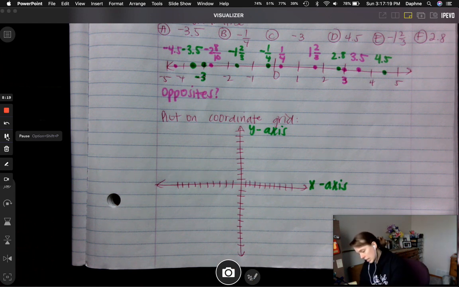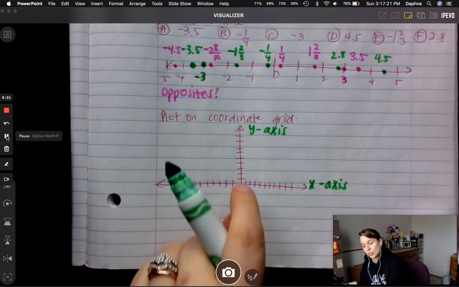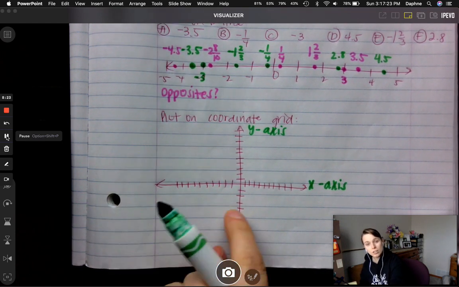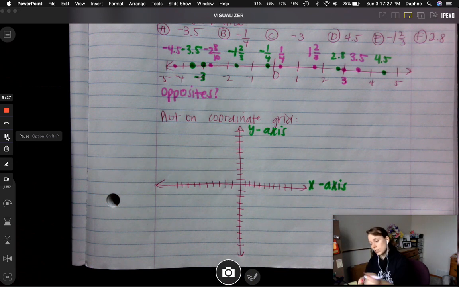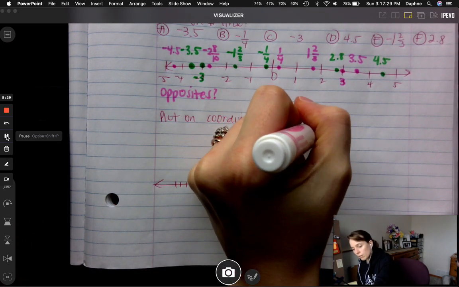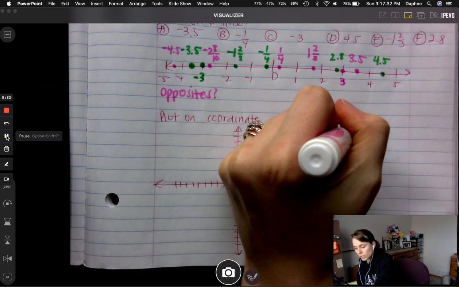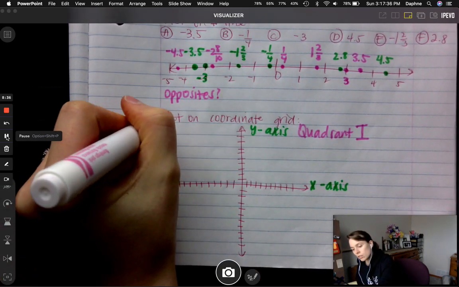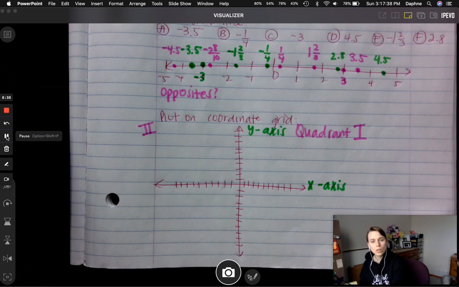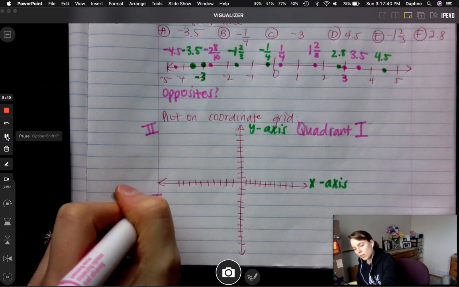So next thing, as you can see, there are 4 different sections. These sections are called quadrants, quad meaning 4. So quadrant 1, quadrant 2, quadrant 3.